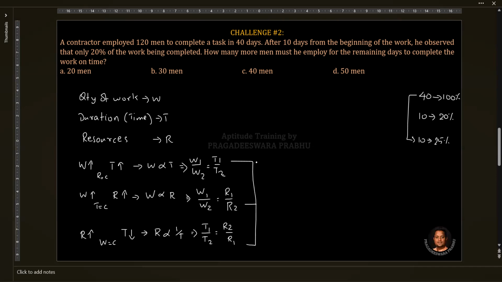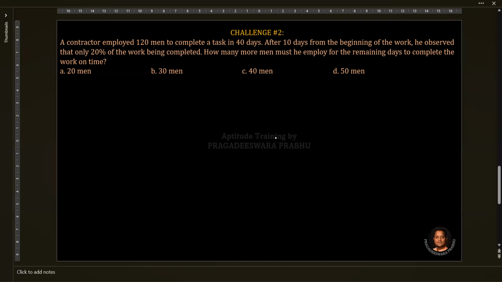When three parameters are given, we can combine these three and say W1 by W2 equal to R1 into T1 divided by R2 into T2. So you can use this formula when all three parameters are used in the question, like this question here. Now let us apply that formula.